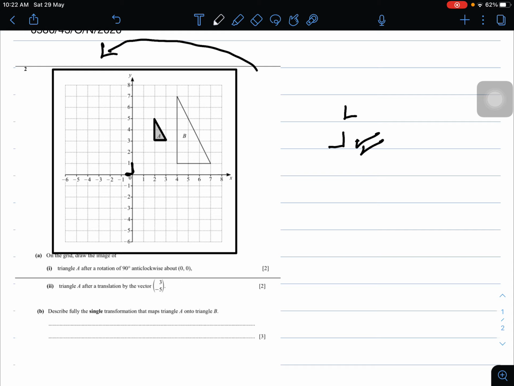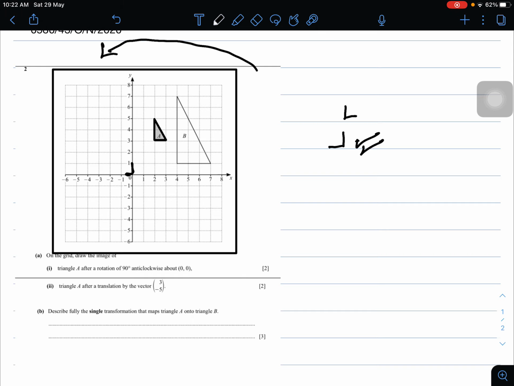So after you rotate it, as you've traced your shape onto the butter paper, the butter paper will show you exactly where the triangle lies on the graph after a rotation of 90 degrees anti-clockwise. This is because you've rotated your butter paper 90 degrees anti-clockwise and you've traced your shape onto the butter paper. So the butter paper will therefore indicate to you exactly where the triangle lies.